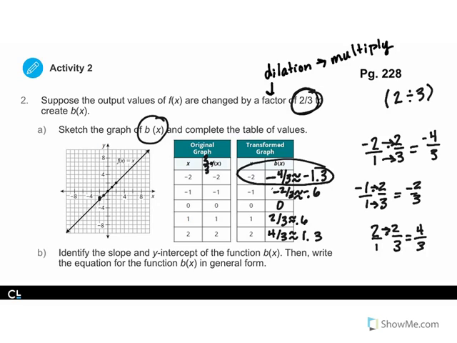It's a little more than half of a box. So -1, -0.6, or -2/3. 0, 0. And then we've got 1 and 2/3 is our y. And then we've got 2 and 1 1/3.